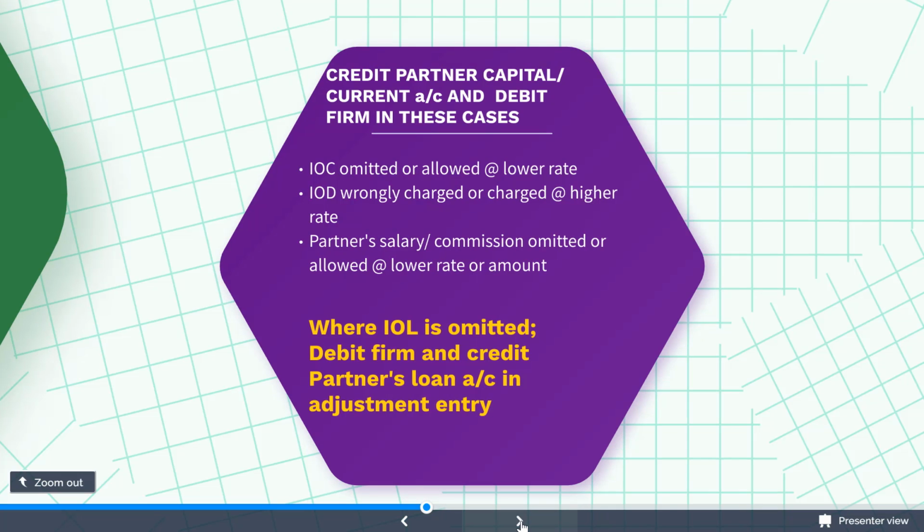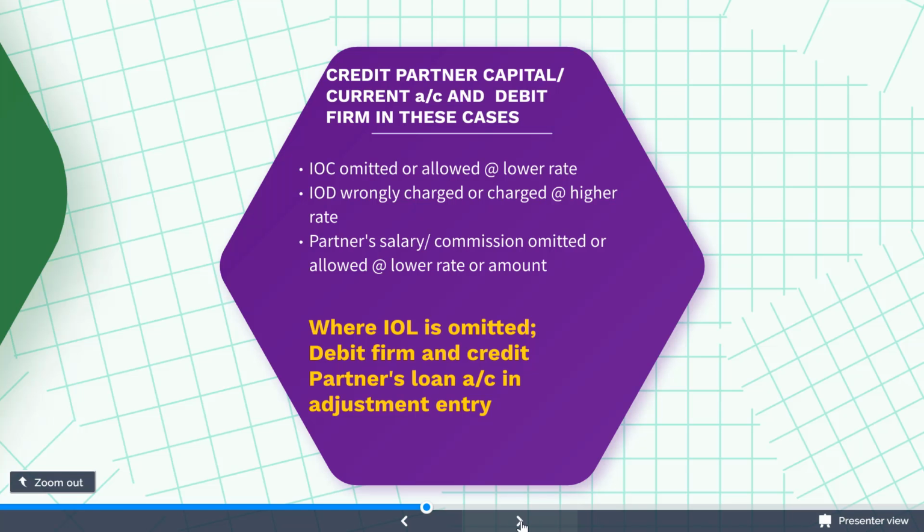Now let's go to the cases or errors when we need to credit the partner's capital or current account and debit the firm. We need to do so in the following cases: where we have omitted interest on capital. It was supposed to be allowed and we did not allow the interest on capital, or it has been allowed at a lower rate.